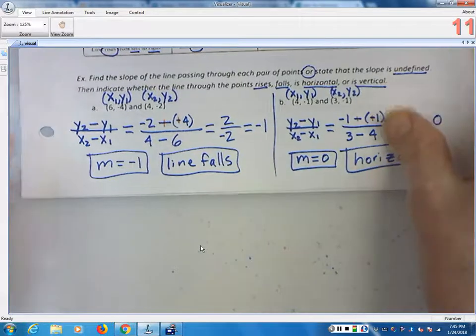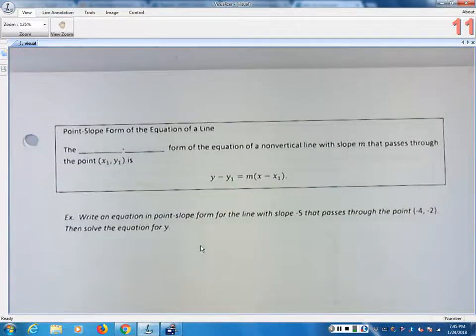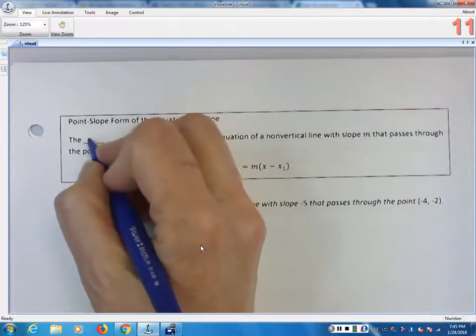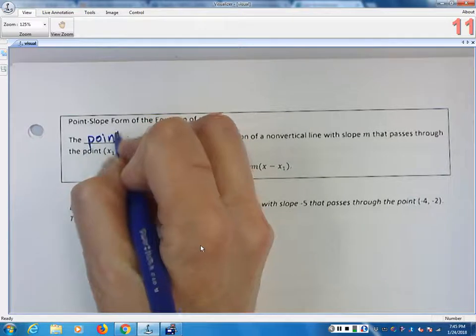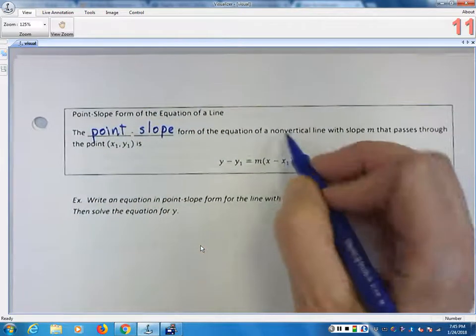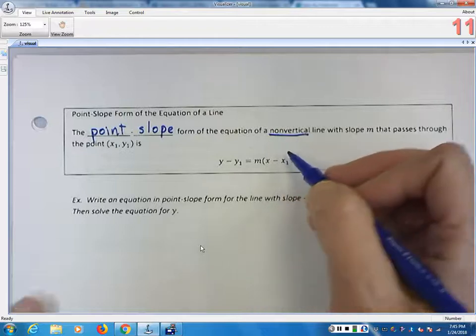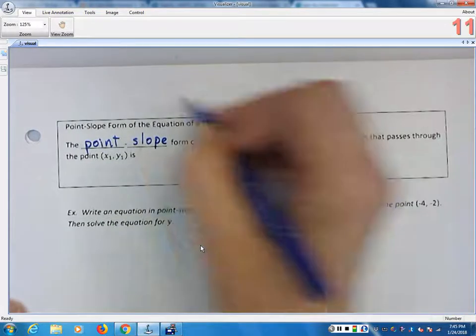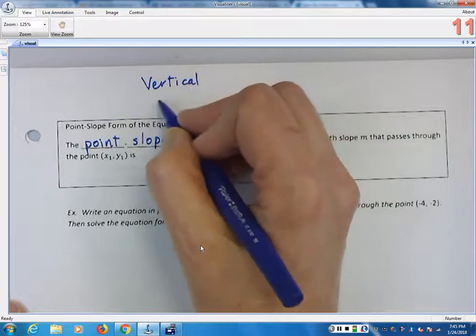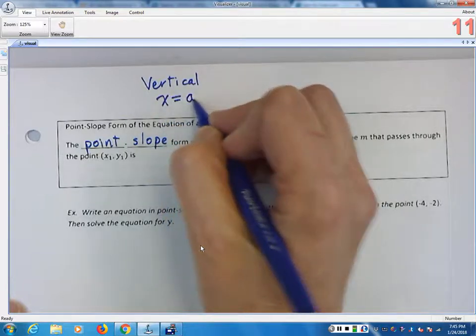Then we have the point slope form of the line. This is the point slope form of the line. It's for a non-vertical line. The equation for a vertical line, I have it on the next page or something, is x equals a constant.